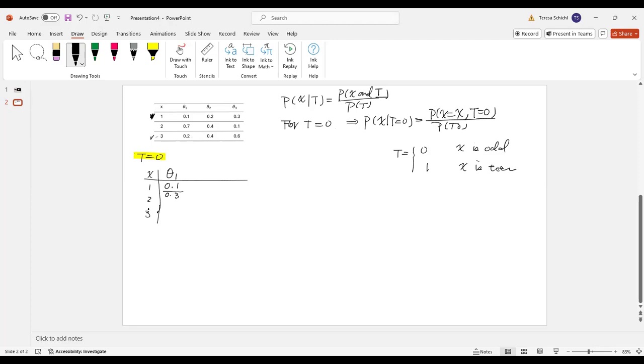Because T equals 0 when x is odd and T equals 1 when x is even, here we don't have any values. Then here it will be 0.2 over 0.3. The same thing for theta 2 here, where x is still odd.